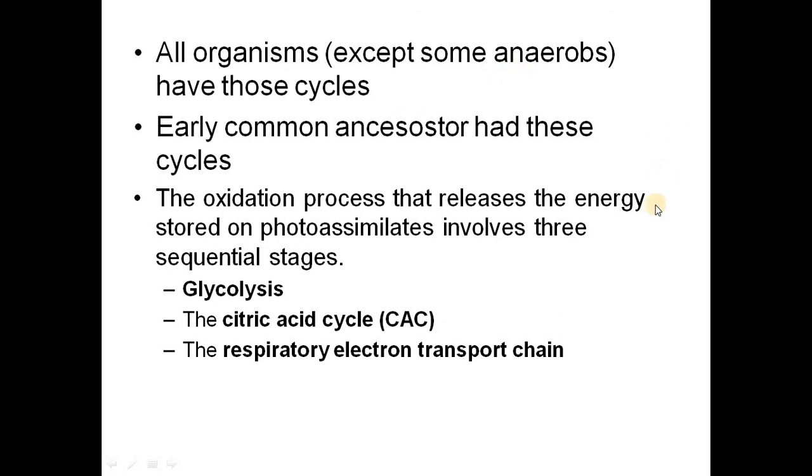The only minor difference is that there are some differences between prokaryotes and eukaryotes. In prokaryotes the electron transport chain happens on the plasma membrane, while eukaryotes have mitochondria, which is where the Krebs cycle is happening. But both prokaryotes and eukaryotes can respire.